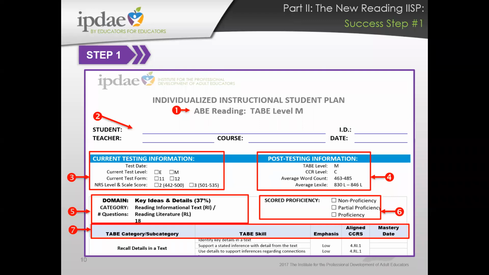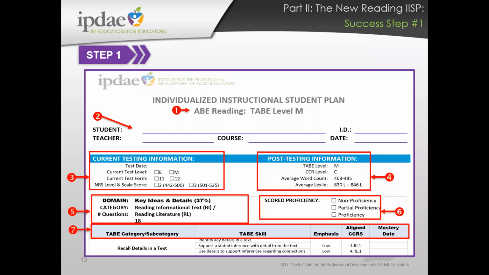And then the aligned CCRS will give you a specific reference number to the correlated CCR standard so that you can obtain more detailed description of the standard or the substandard if you need one. And then finally, the last title in the header reads mastery date. Here, either a teacher or a student can write the mastery date for each specific standard and substandard.